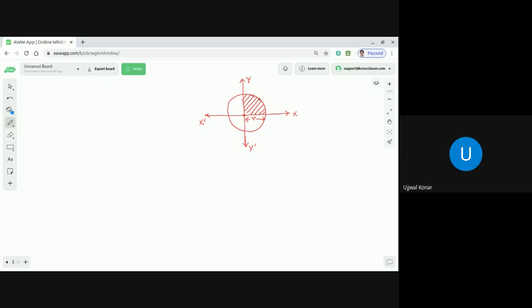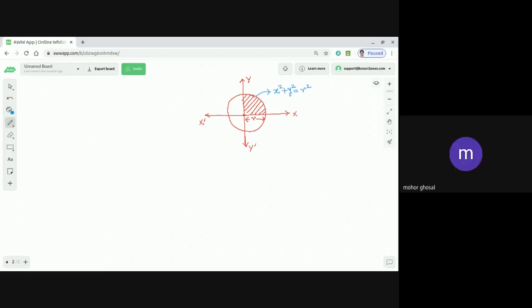Now, can someone please tell me what is the equation of this circle? That circle is a curve, right? Its equation is x square plus y square is equal to r square. Because if you remember, a circle is nothing but the locus of a point traversed in such a manner that it keeps a fixed distance from a fixed point.